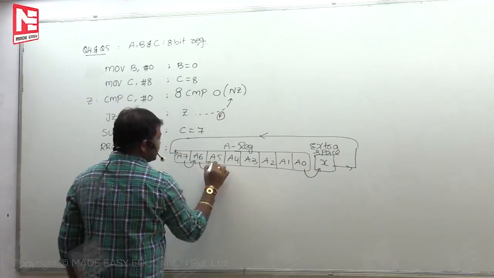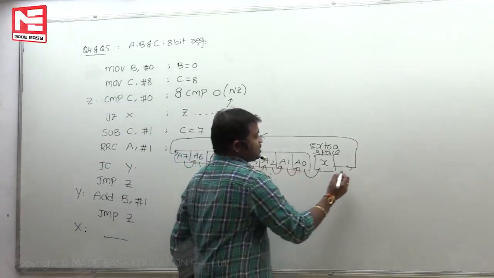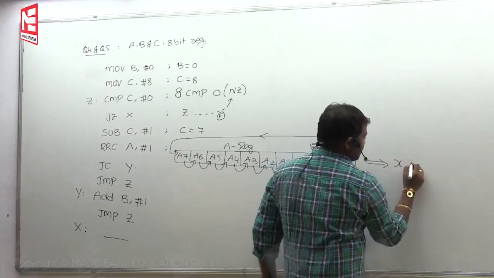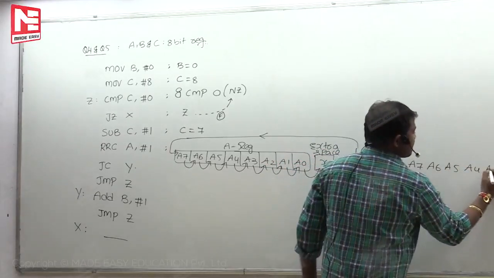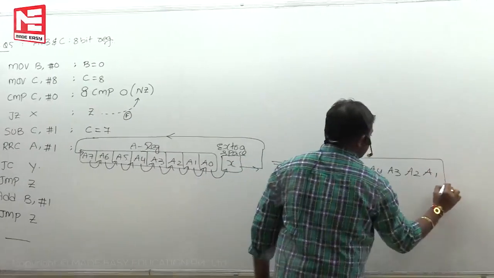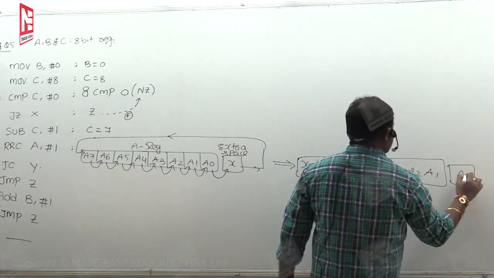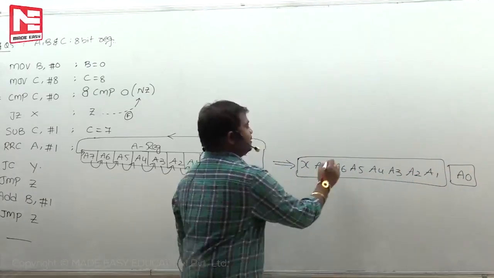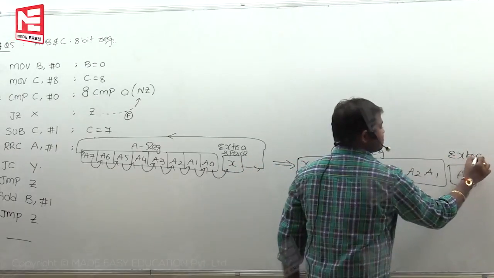This is the rotate right. After this rotate right operation, what is present? This is present. This is in the A register and this is the extra space.